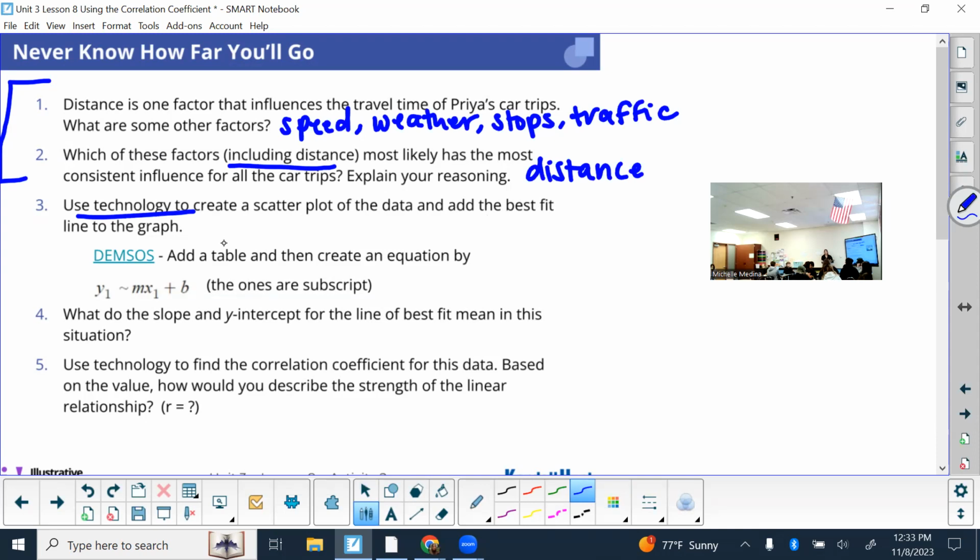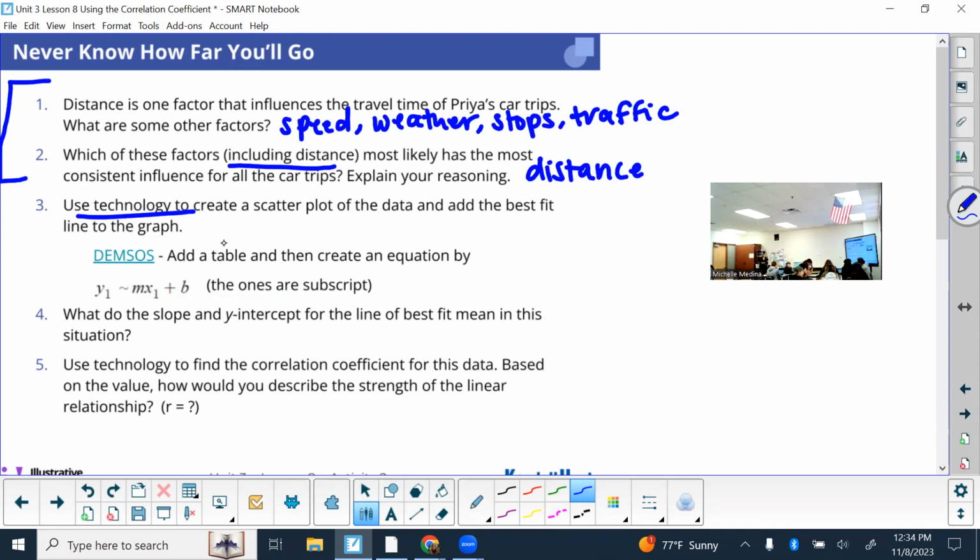We've done that before, so practice it again, every single person. If your Chromebook's not working, use your phone. You need to be able to plug things into Desmos. So you're using this data, making a scatter plot, putting the line of best fit on it, and then write down your equation from your best fit line.